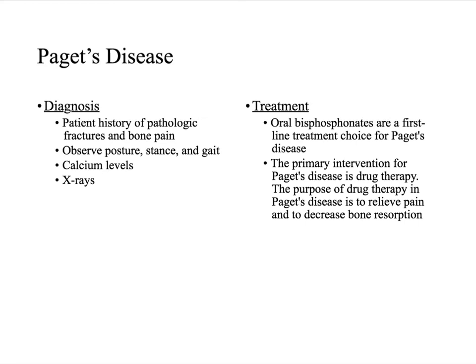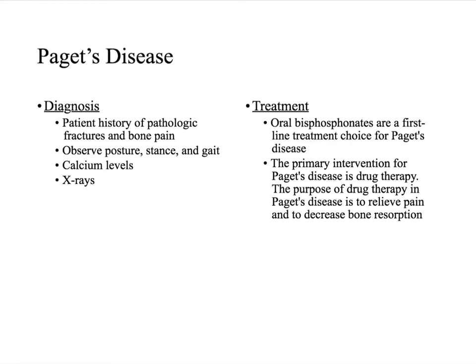Paget's disease, it's not affected by your calcium levels. It's more because it's genetic. So the calcium levels are a little bit less predictable in a patient with Paget's disease. Of course, we can X-ray a patient to look at the deformities of their bone.